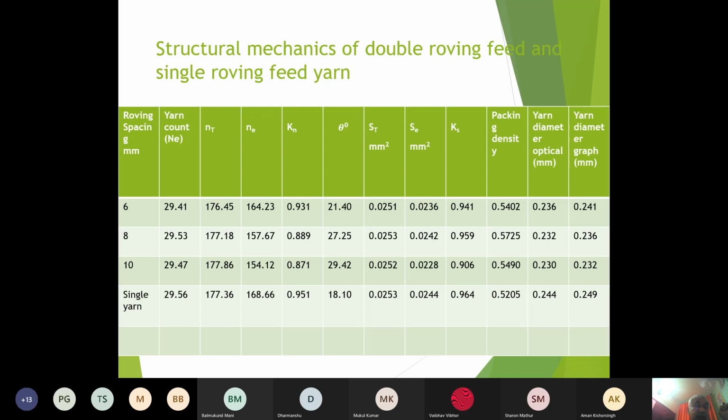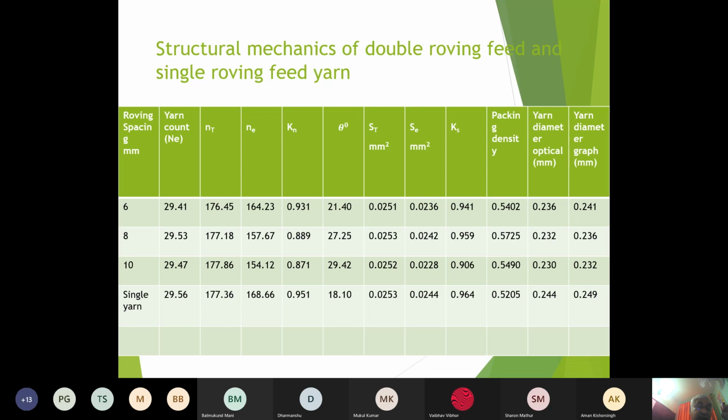And this you can correlate with this theta angle. Because as roving spacing is increasing, my angle theta is also increasing. In case of single roving yarn, this angle theta is 18 degrees, but in these yarns it is more than 18 degrees.